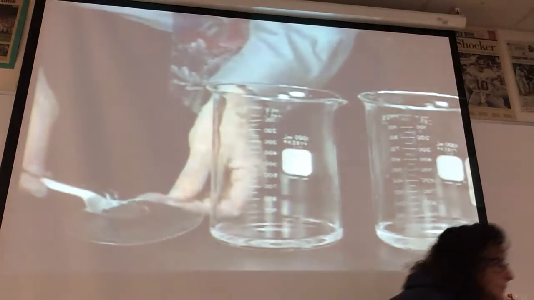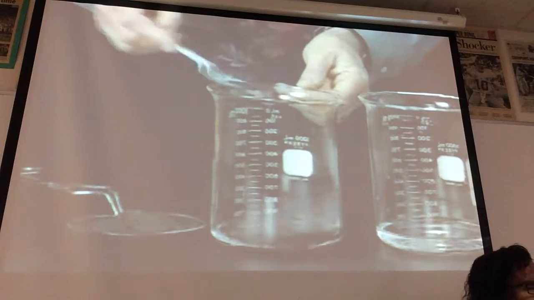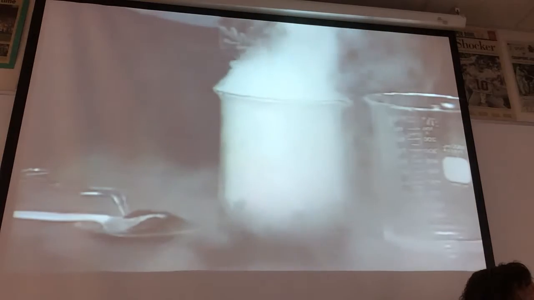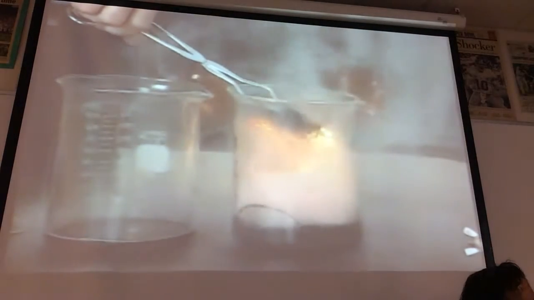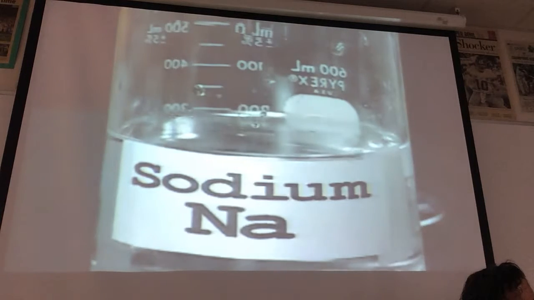Chemical properties, on the other hand, can be observed only when matter undergoes a chemical change. Here are some examples of chemical properties. Hydrogen peroxide decomposes easily into oxygen gas and water. Iron reacts with oxygen to form iron oxide. Sodium metal reacts with water to give off hydrogen gas.